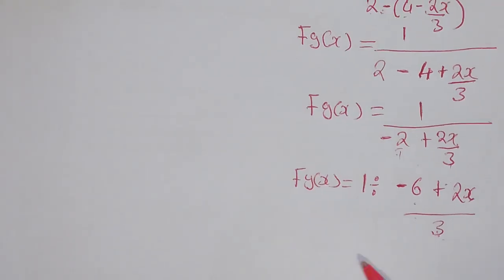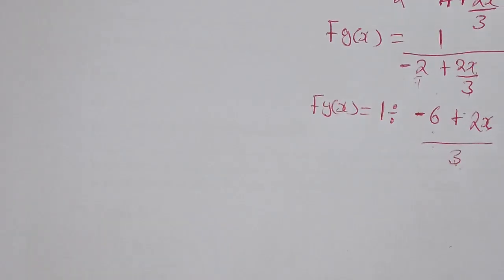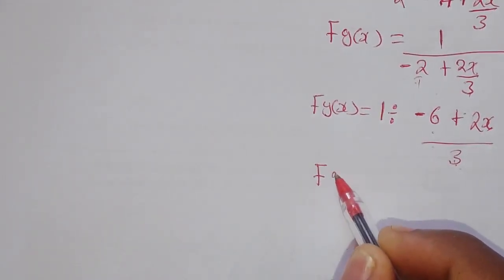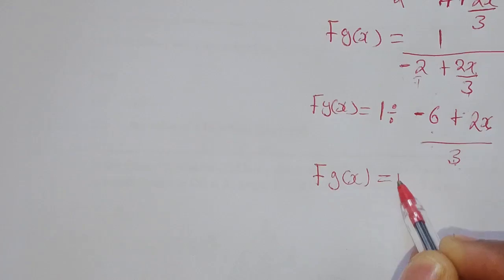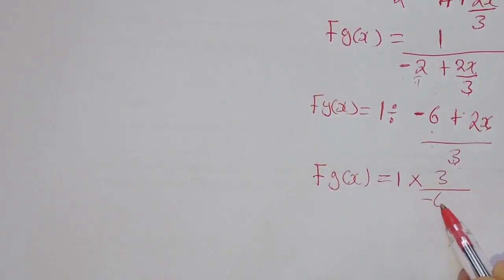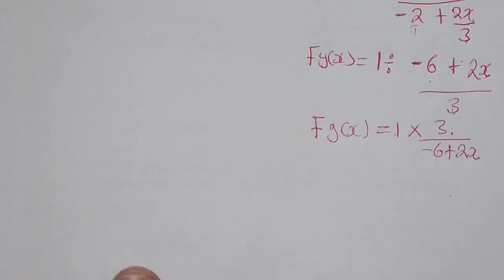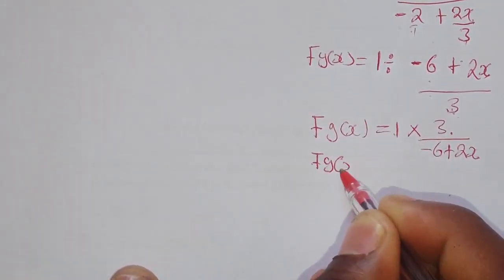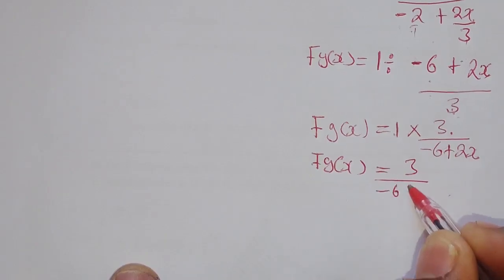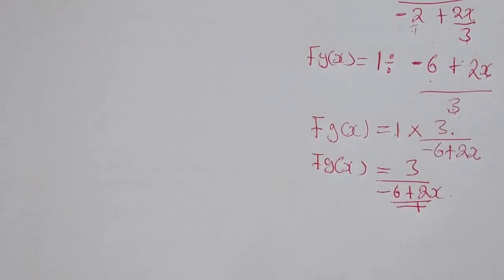Finally, fg of x is equal to 1 multiplied by 3 over negative 6 plus 2x, and multiplying by 1 won't affect anything. Hence our fg of x is equal to 3 over negative 6 plus 2x. So we have found our fg of x.